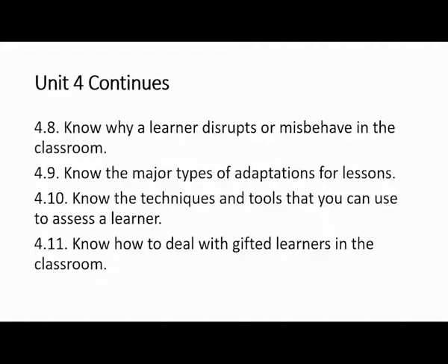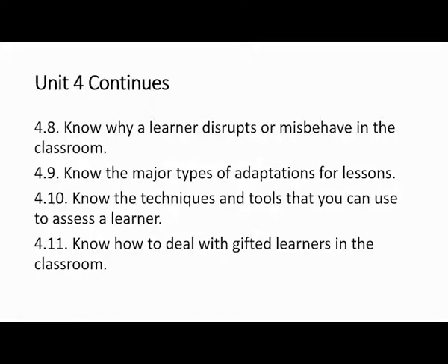Know the major types of adaptations for learners. You should know the different techniques and tools that you can use to assess a learner. So the 4.11 is the last point in Unit 4.